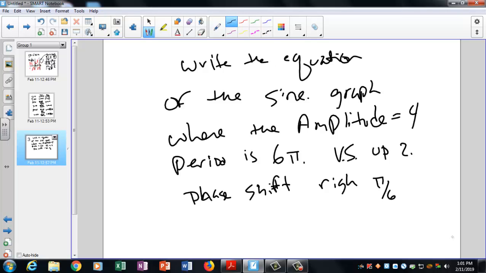Well, it's a sine graph, so you know we're starting with y equals something sine. Do we agree? Now, which way is it shifted? It's up 2. It's shifted to the right pi over 6.